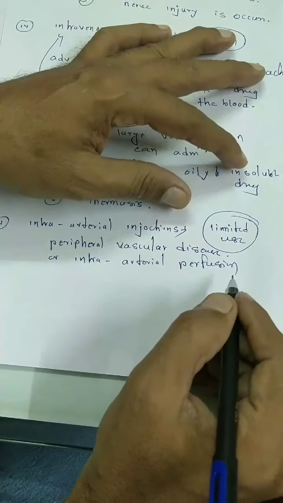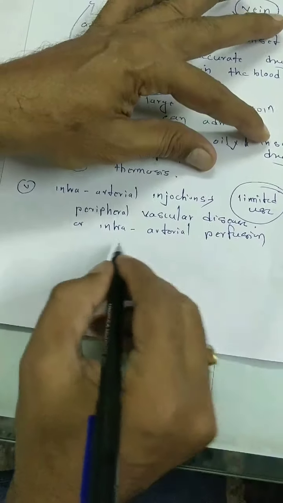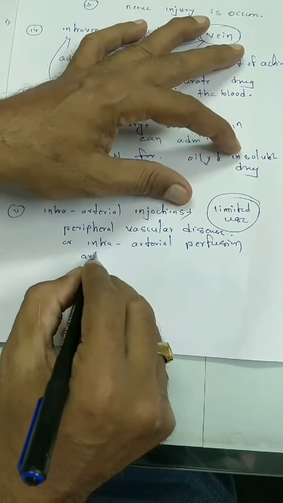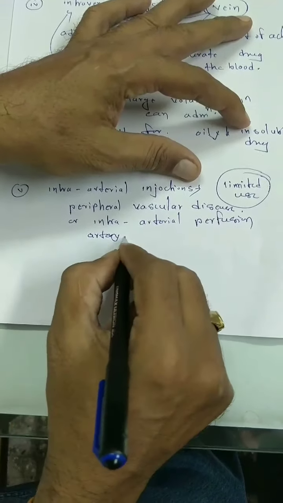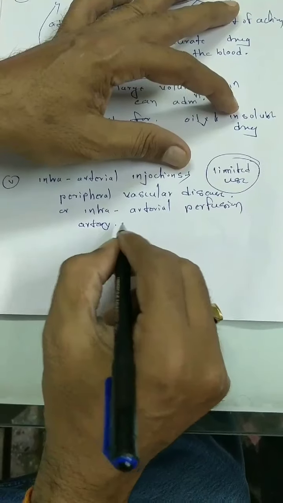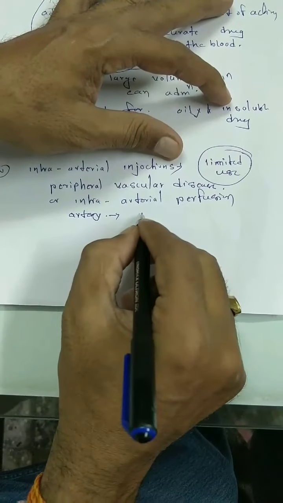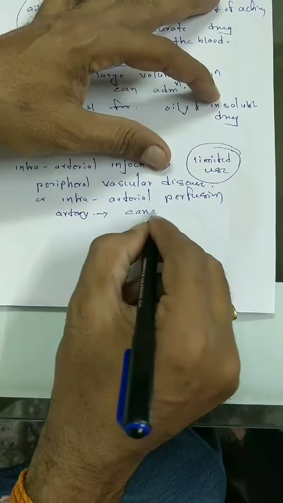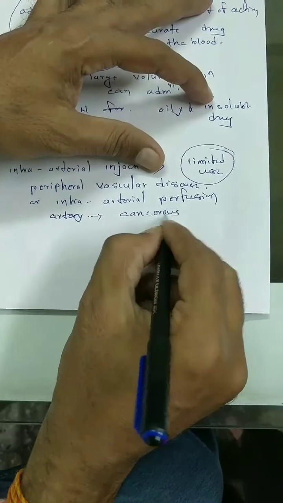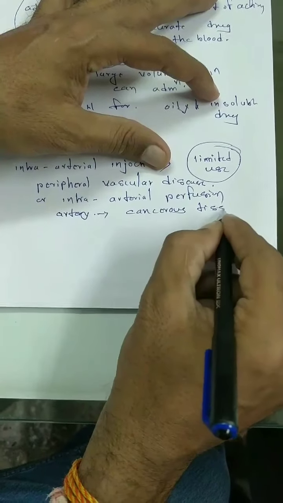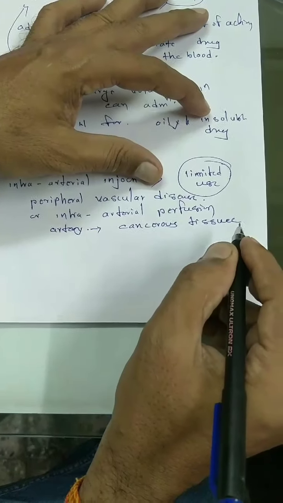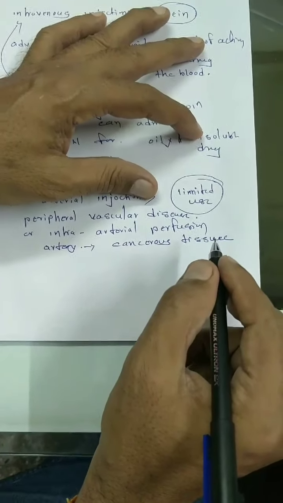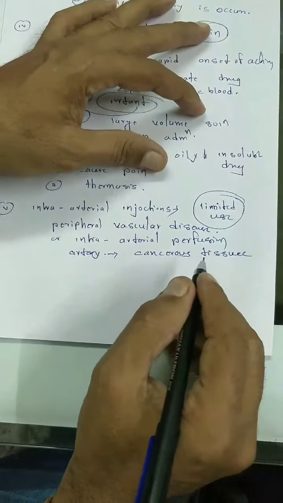Perfusion of the drug may be given into the artery to supply cancerous tissue, and thereby reduce the amount of drug reaching the normal tissue.